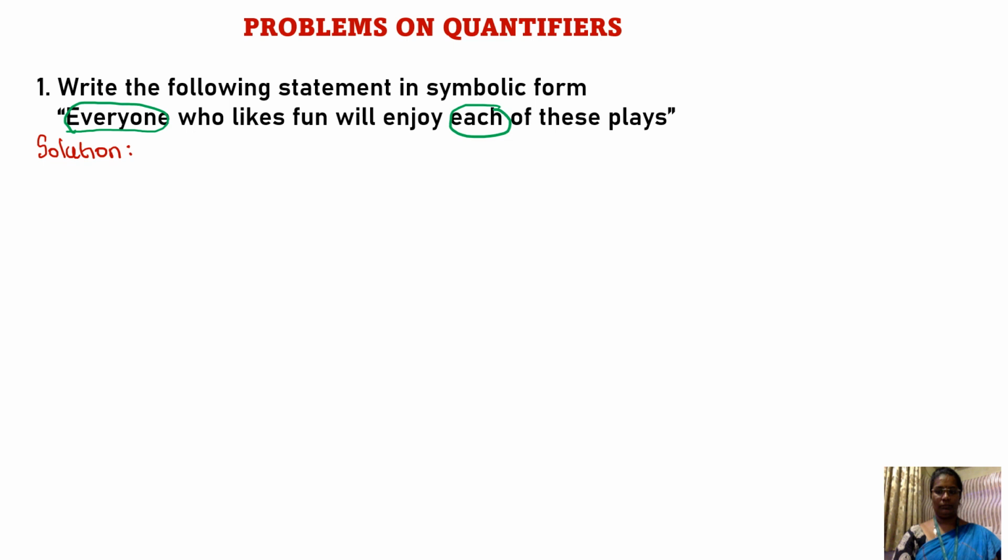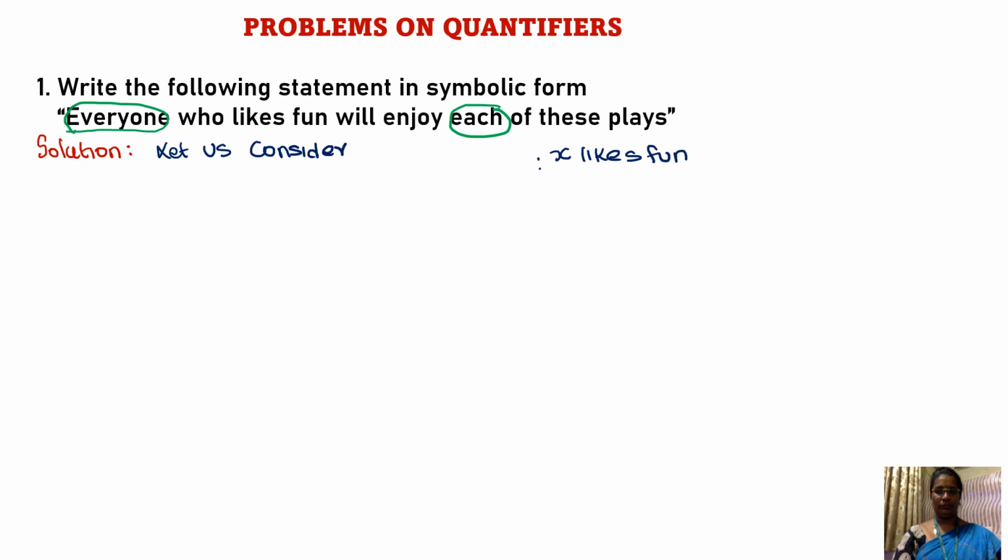Let us pick up the first propositional function that strikes my mind. Suppose I choose x to be a person. So x likes fun.